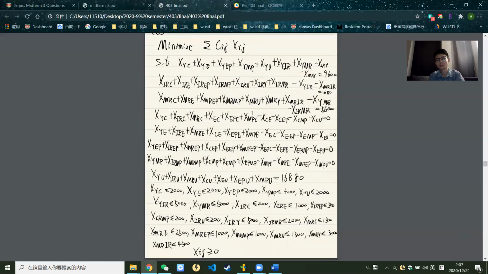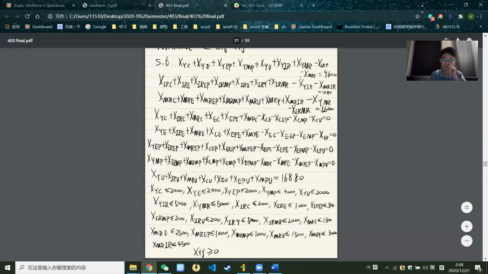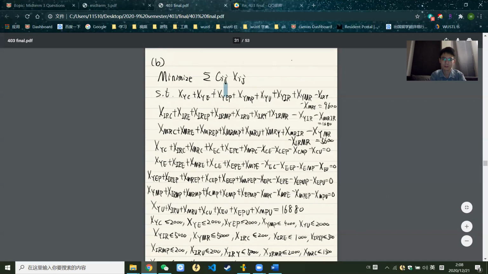So in question B, we would like to formulate the problem, and here we minimize all the transaction fee, the transaction cost, every unit cost multiplied by the amount this arc transfers.